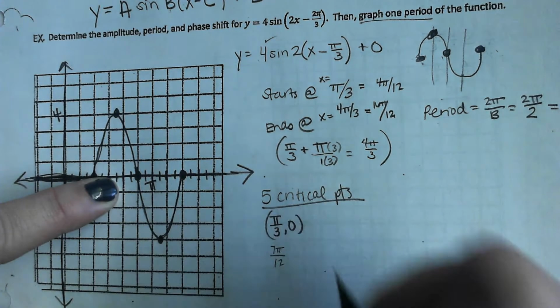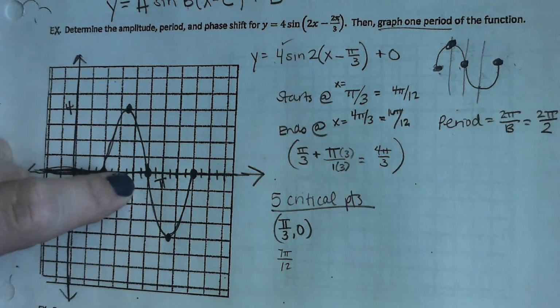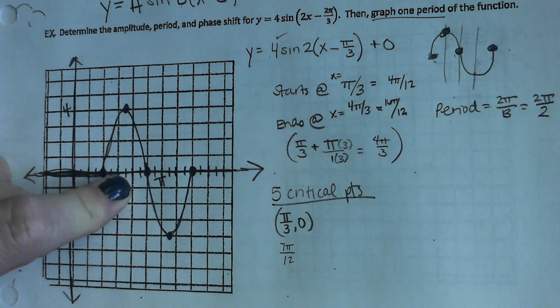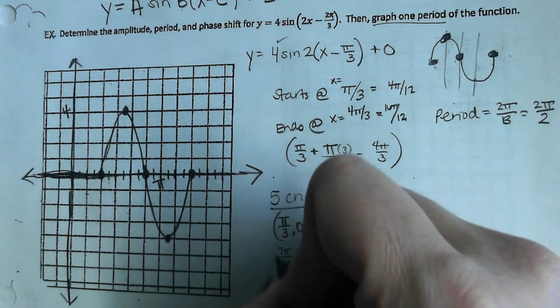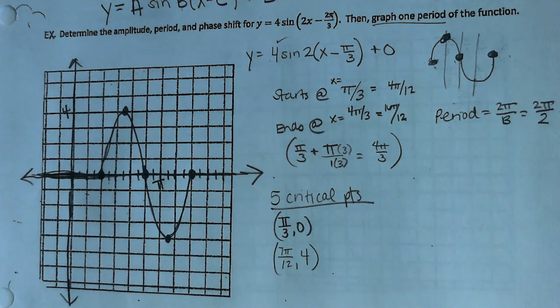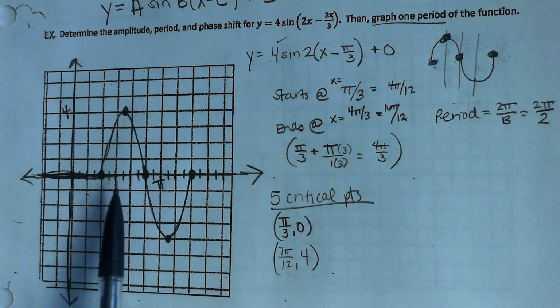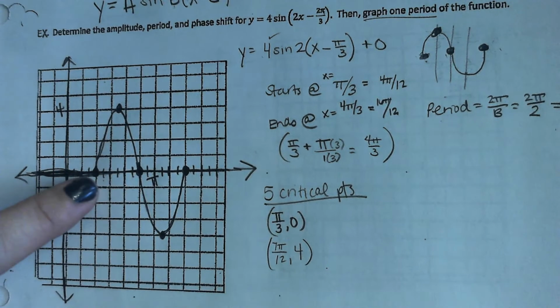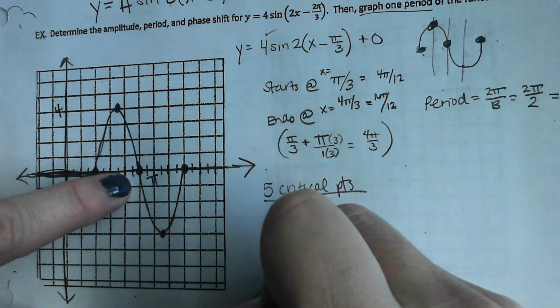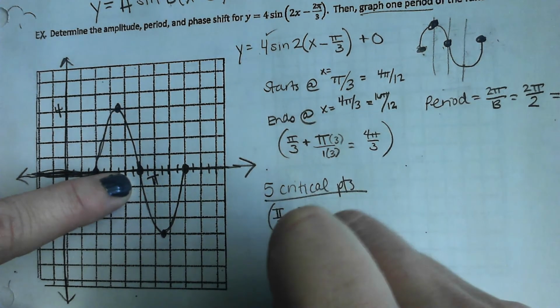That's where getting that common denominator of 12 and knowing what to count by is helpful. Because finding 7 pi over 12 without that would have been tougher. So 7 pi over 12 comma 4. And then we're back to, is that 10? 10 pi over 12, which is 5 pi over 6.